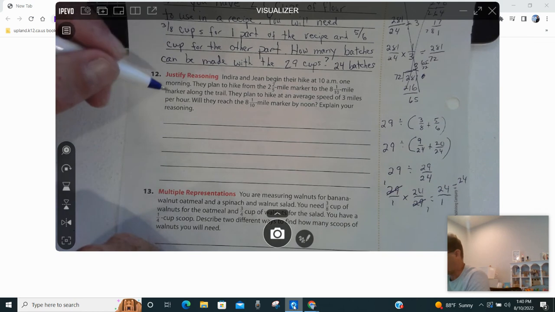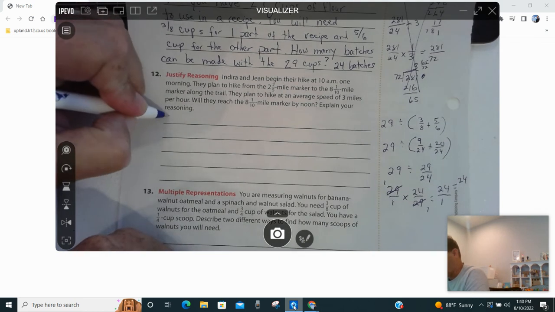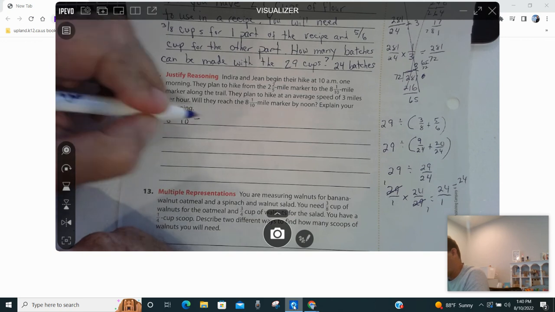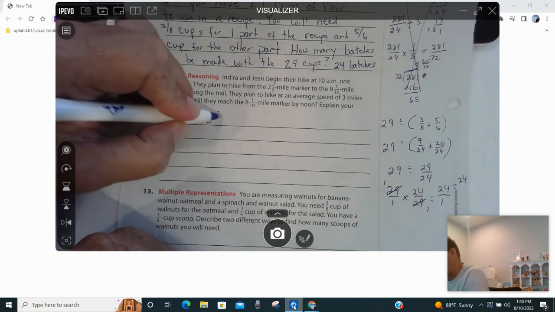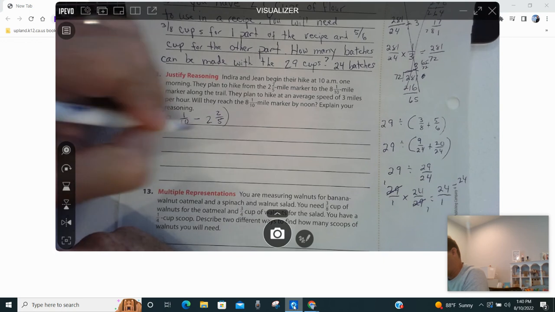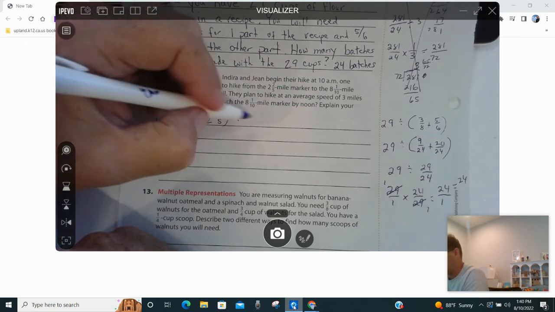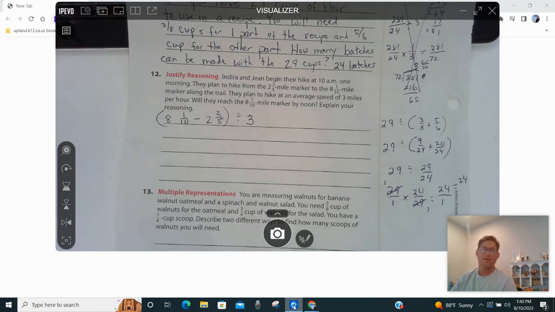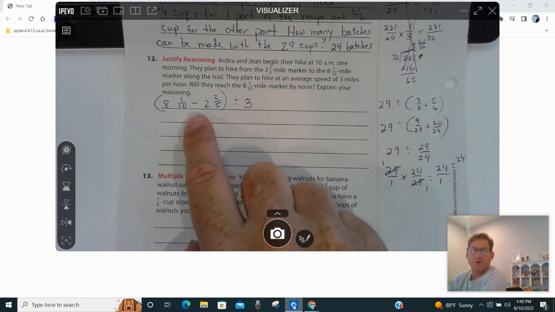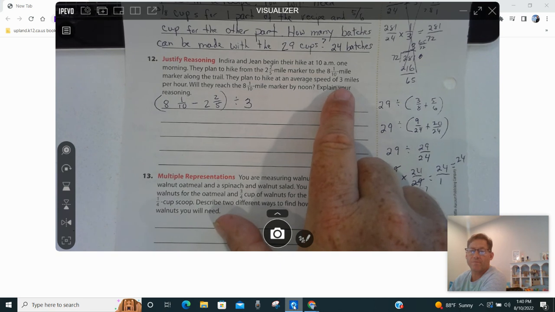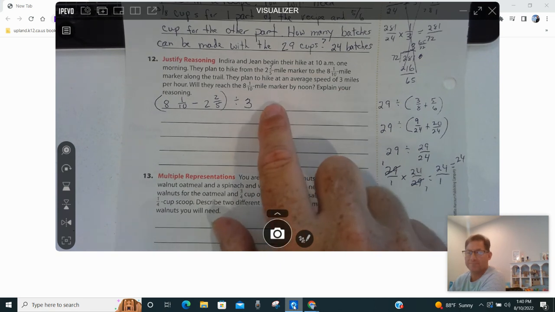Okay, so this is how far they're going to hike, and we're going to divide that by 3 because they're walking 3 miles per hour. So that'll tell us how long it's going to take them.